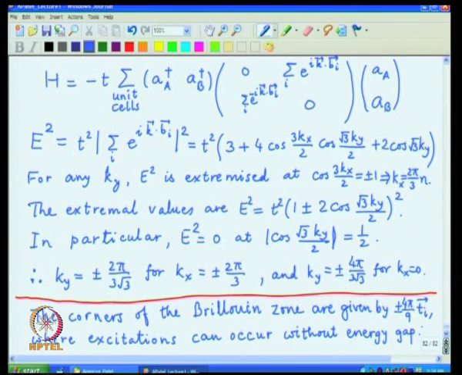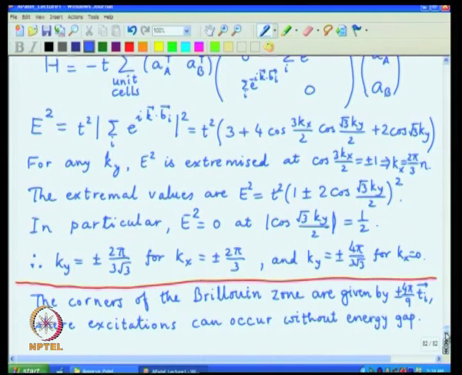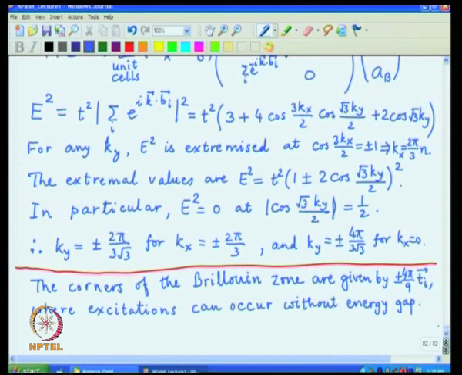And now we would like to see the other excitations available at low energy, and for that reason we have to study the neighborhood of these corners, and there are various identities one can easily work out.